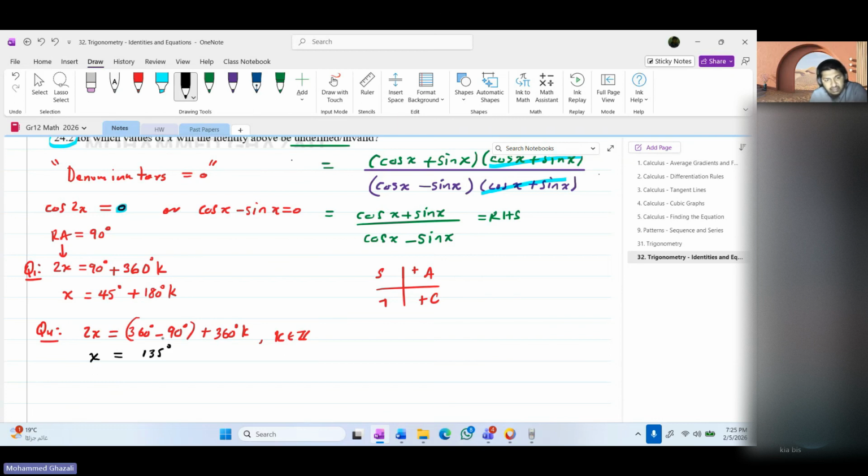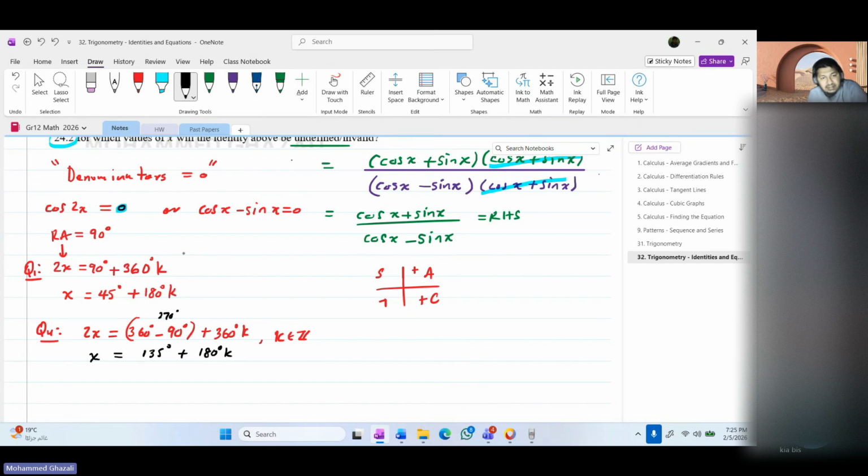Remember, we're dividing it by 2. That's 270 plus 180 degrees k. So this was 45 plus 180k, and this is 135 plus 180 degrees k. Yeah, so those are your two answers.